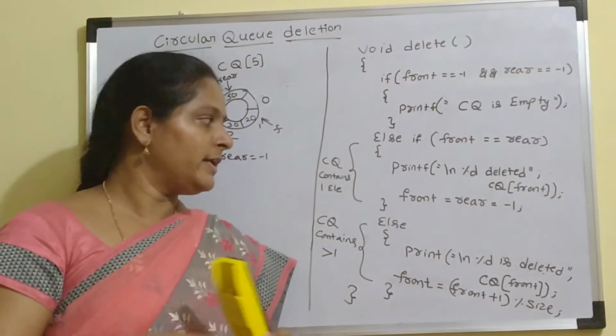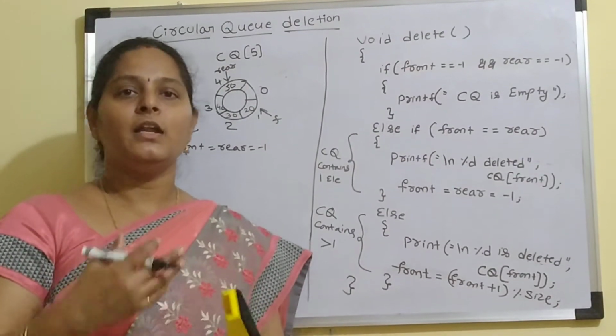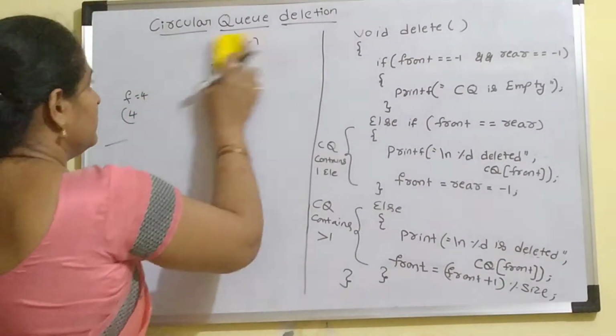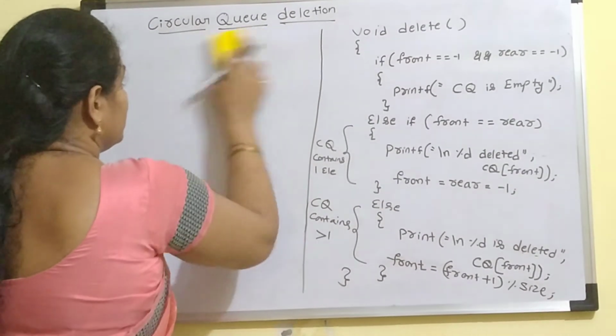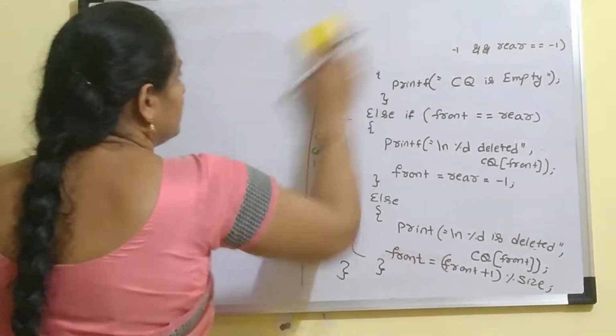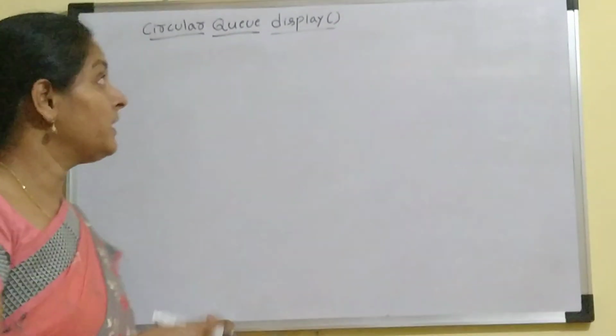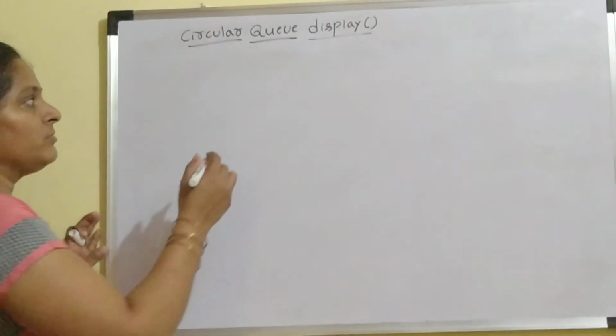So the next operation is the display operation. Pause this one. Let us see the circular queue display function.